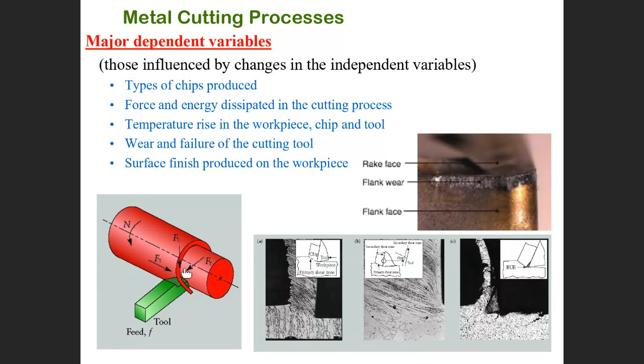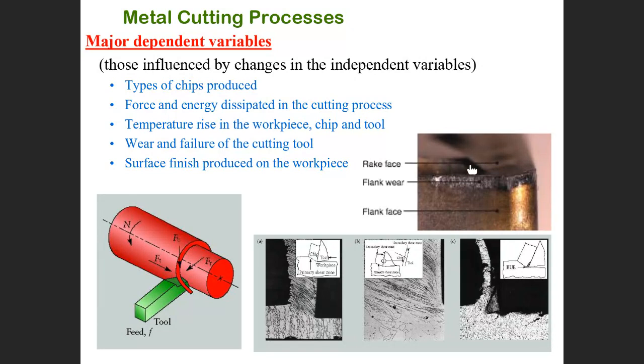Cutting temperature also: whenever you have a higher cutting speed, feed, and depth of cut, temperature also will increase. Type of chip also, chip thickness, the deformation of the material, how the material will be cut. It depends on what parameters you select at the beginning, so we call it dependent parameter. Wear and failure of the tool depend on the initial parameters.